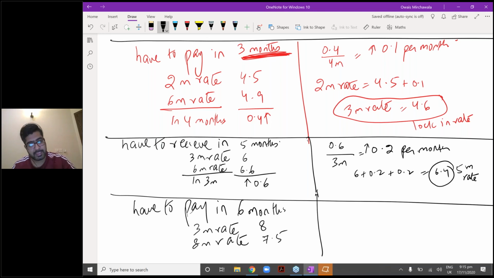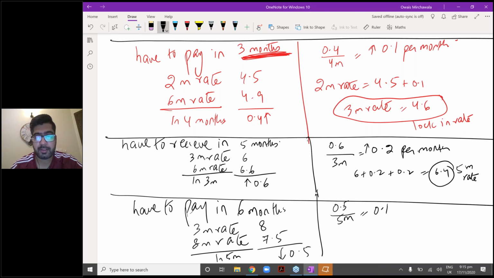If you have to pay in 6 months, you need a 6-month rate. You are not given the 6-month rate. Apply the lock-in rate strategy. The 3-month rate is 8, the 8-month rate is 7.5. The trend is declining 0.5 in 5 months. So per month it's declining by 0.1.